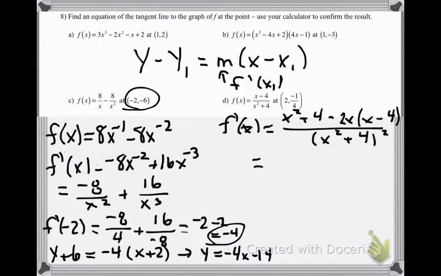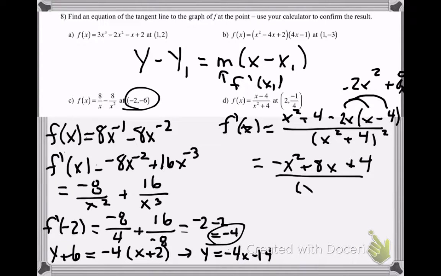Okay, and I can just clean up the numerator a little bit. So I'll distribute my minus 2x. I get minus 2x squared plus 8. So when I combine like terms, I get negative x squared, plus 8x, and then plus 4, all over x squared plus 4 squared. Now at this point, I wouldn't want to do any more simplifying or expanding, particularly with the denominator, because the next step is going to be to evaluate the derivative at 2, and I can do that right from this stage of the game.